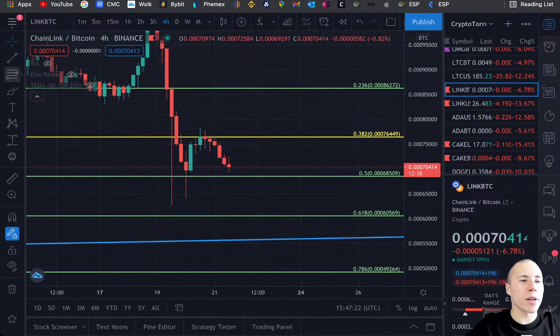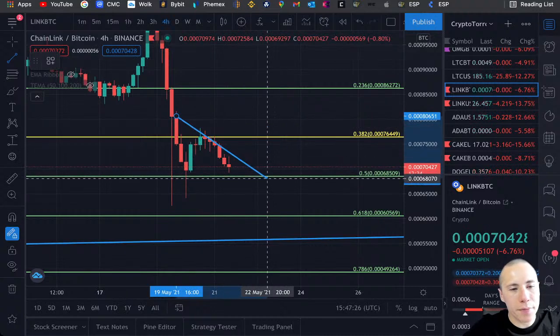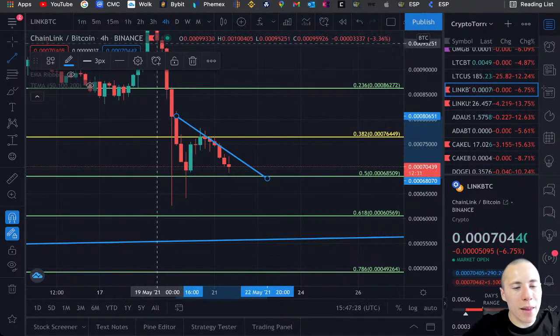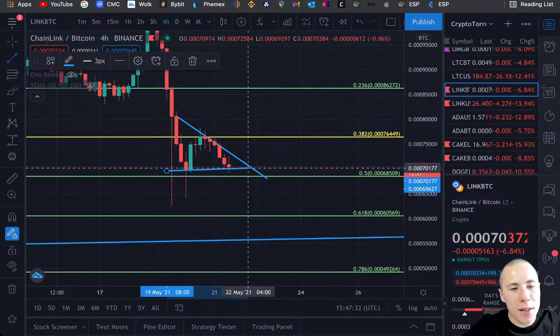And for sure, I will be placing not only the neckline of this W structure, I will also be showing you this descending triangle that you could be drawing over here, because I think it is very important to take a look at these descending triangles.